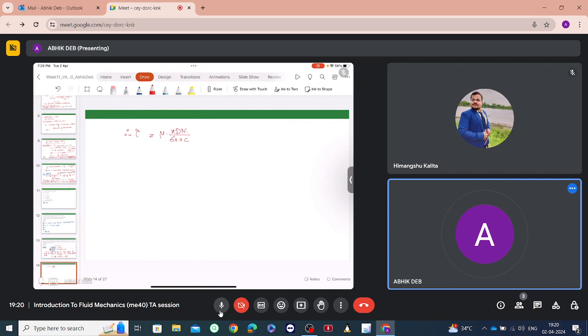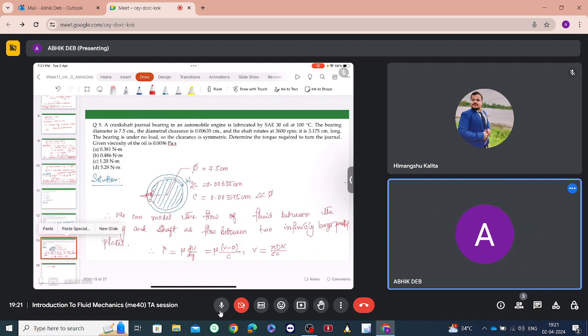Now this shear stress is acting on the circumference of the shaft and into the plane of the paper. It is 3.175 centimeter long, so in this dimension, L is equal to 3.175 centimeter.